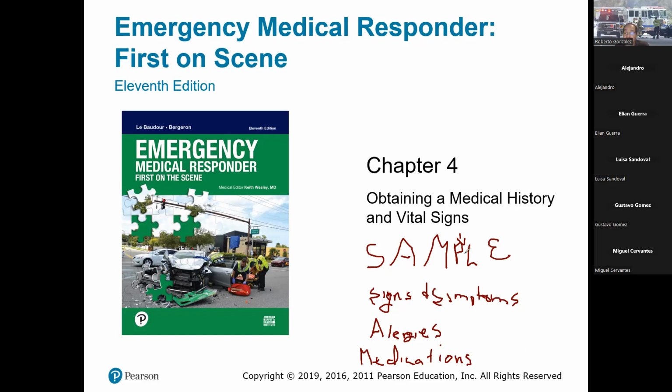And of course, the P is past pertinent medical history. And what that means, if I write it down, past pertinent medical history. Now, I'm going to tell you something. If you ask a patient, do you have any past pertinent medical history?